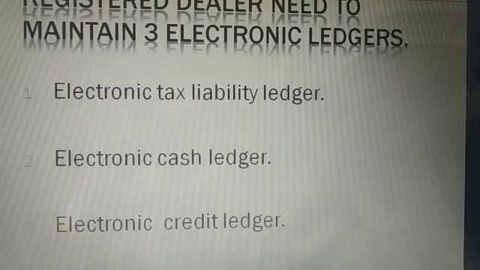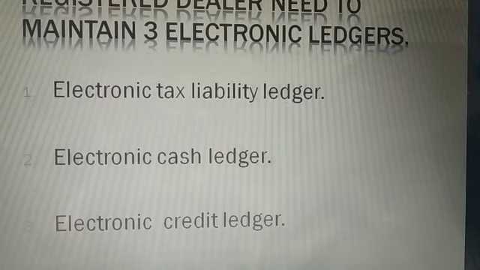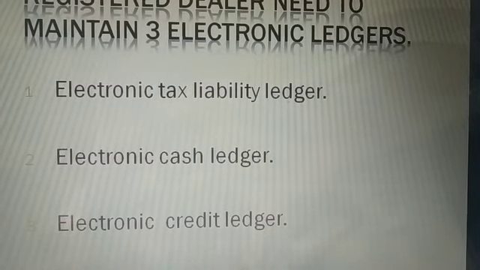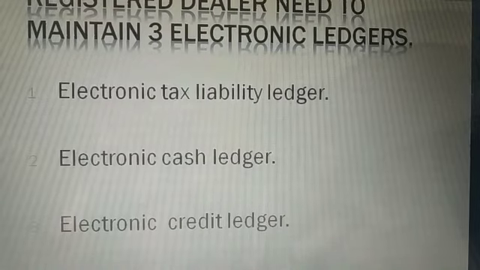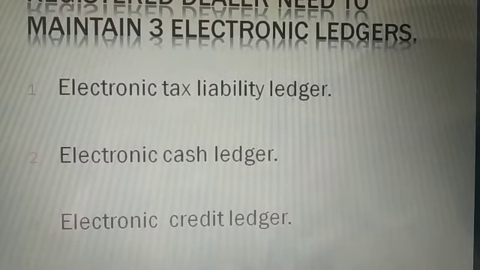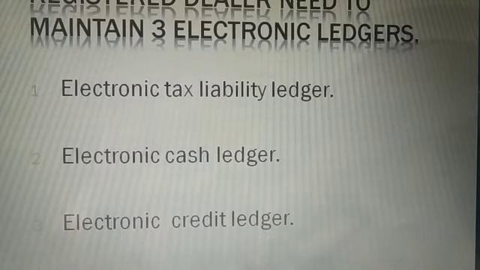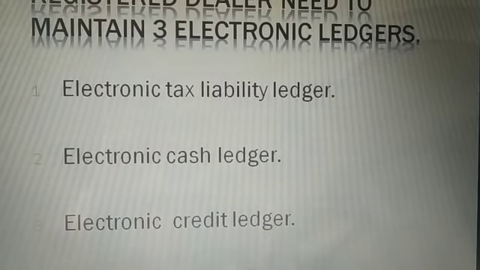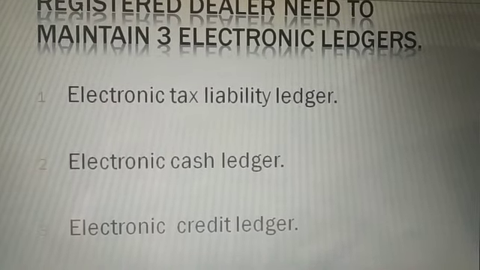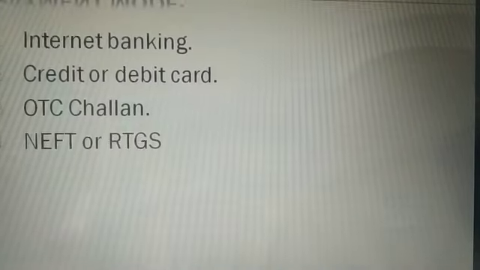Then the electronic credit ledger is all about the tax paid by the taxpayer on his inputs. So it is nothing but a record of tax paid. So these are the 3 ledgers that every registered dealer needs to maintain.